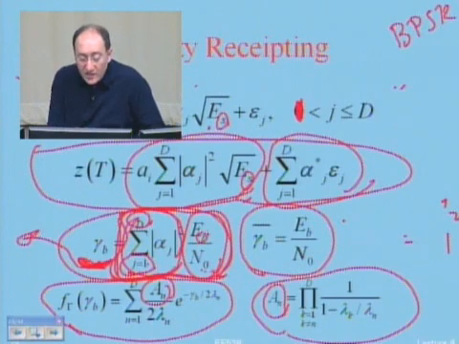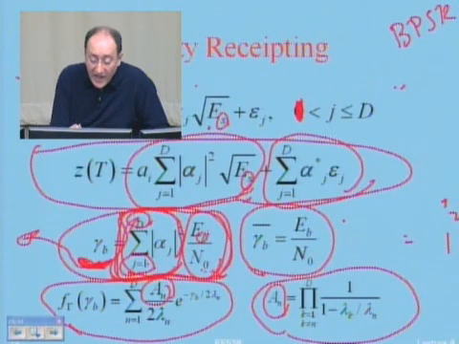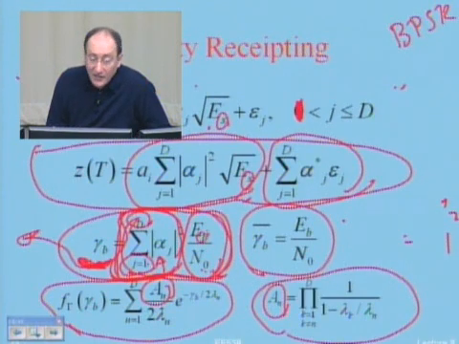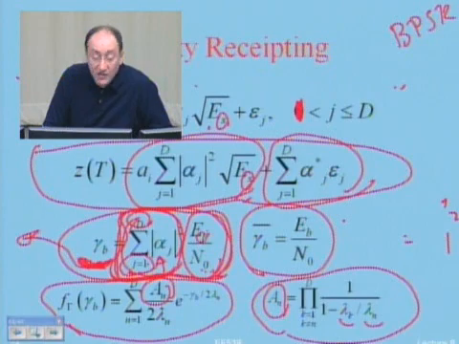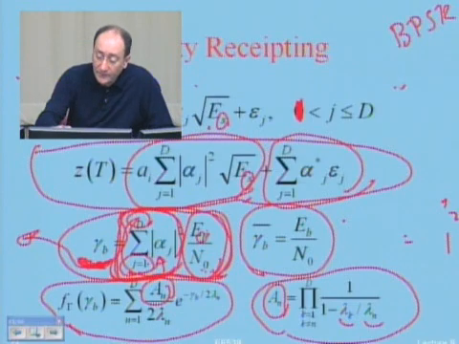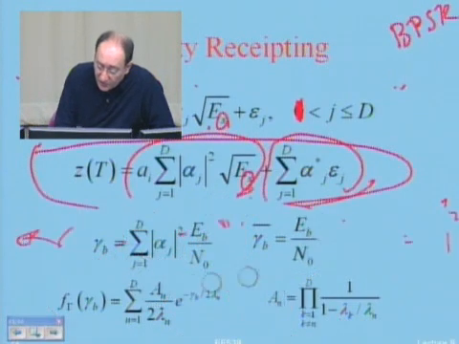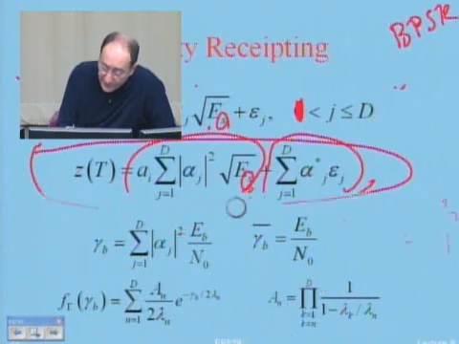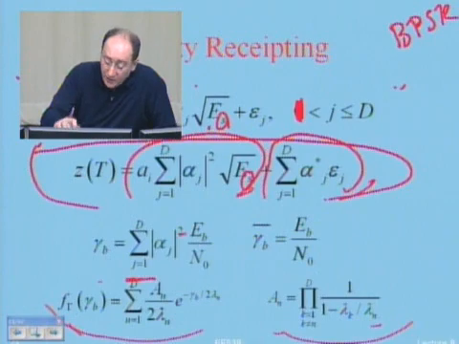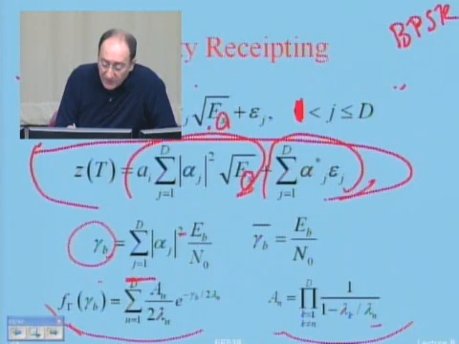This is the most general form, in which the alpha j's are correlated. Okay? And these lambdas are eigenvalues of the correlation function. Okay. So basically, what we have here is that if you take the probability distribution function, your signal-to-noise ratio is this one.